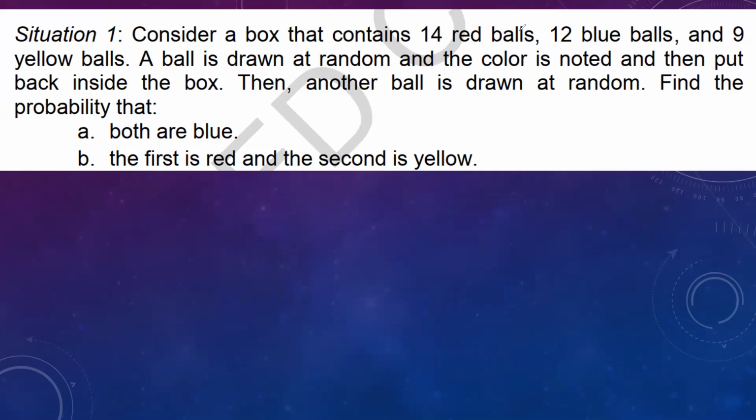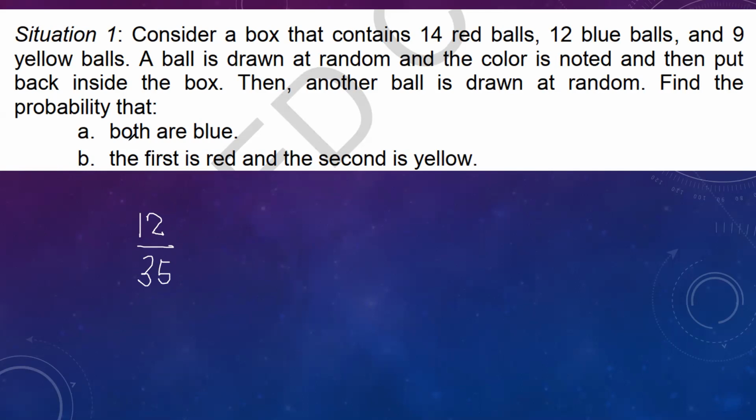Ilang bola out of the 35 ang blue? 12. There are 12 na blue. So, ibig sabihin, sa unang bunot natin, we have 12 out of 35.